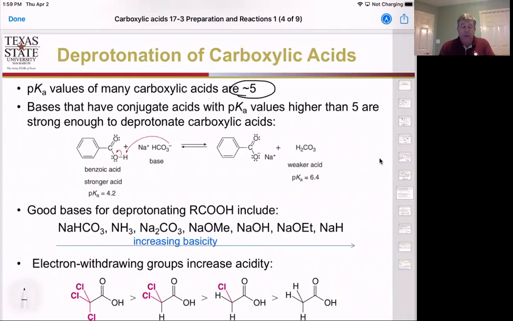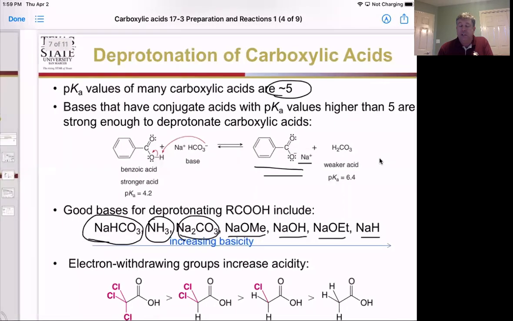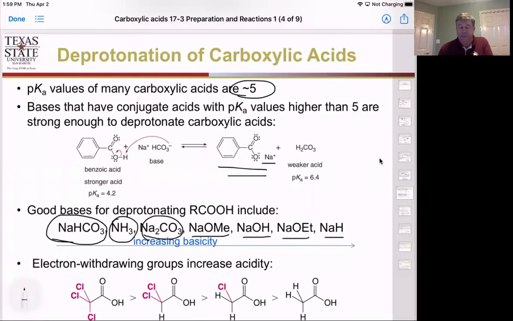For example, while you can't do this with alcohols, you can use bicarbonate, ammonia, or carbonate to deprotonate a carboxylic acid to turn it into its salt right here. We can also use methoxide, hydroxide, ethoxide, or hydride. All of these can be used to deprotonate the carboxylic acid because they are significantly more basic than the conjugate base created during the reaction.